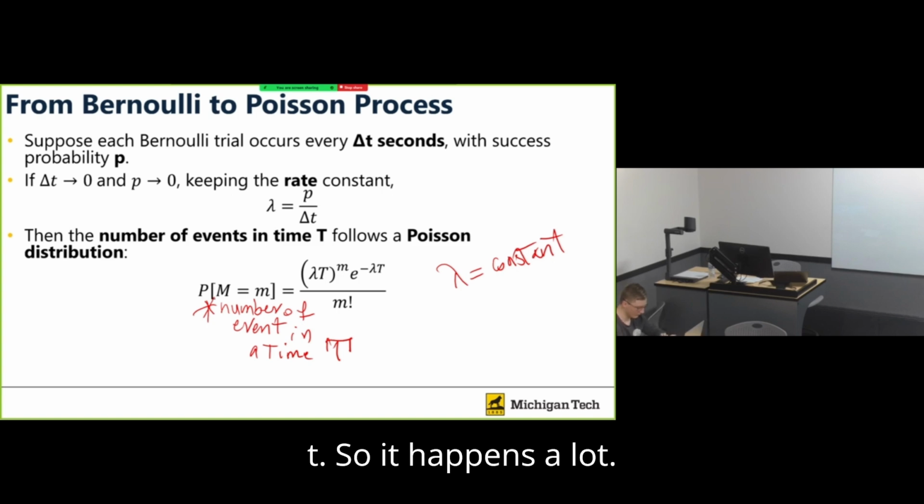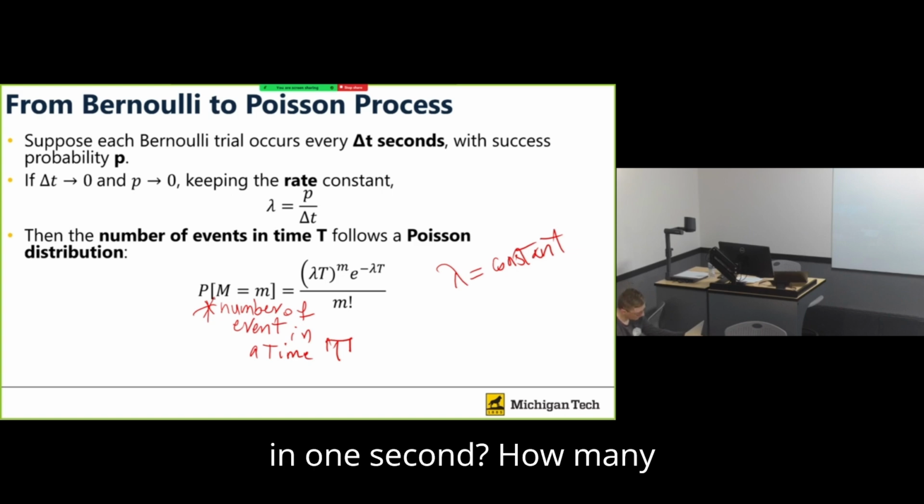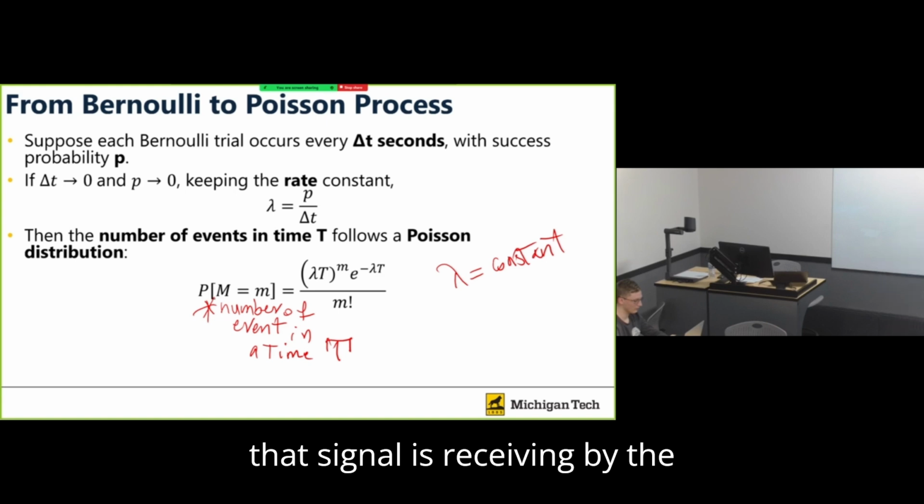So it happens a lot. Like for radar, as I said, you want to see how many times you can detect the target in 1 second. How many times you send signals and that signal is received by the receiver in the time t, for example.